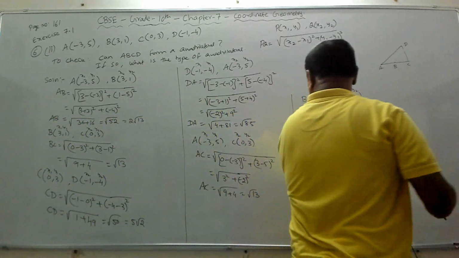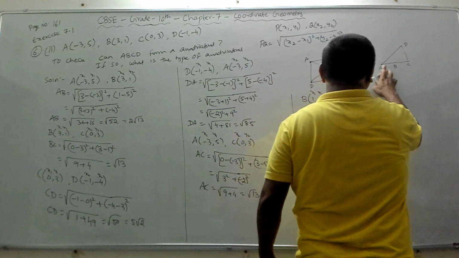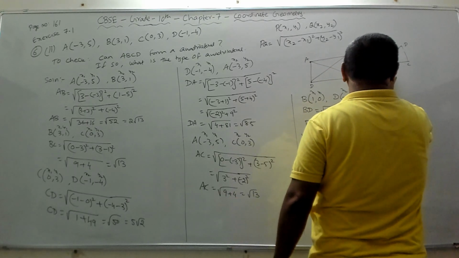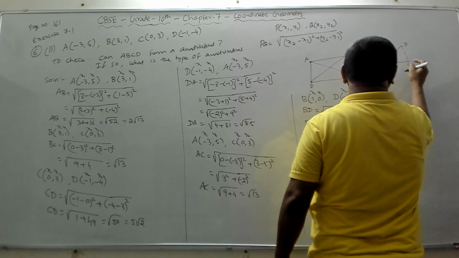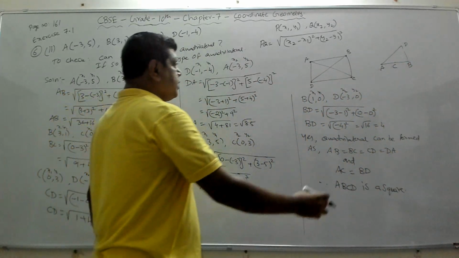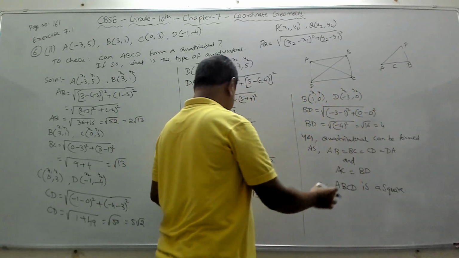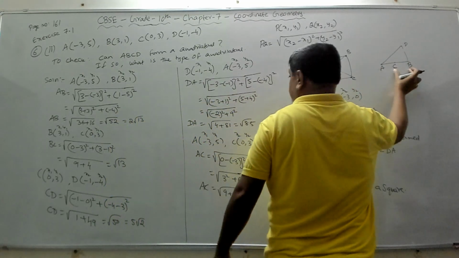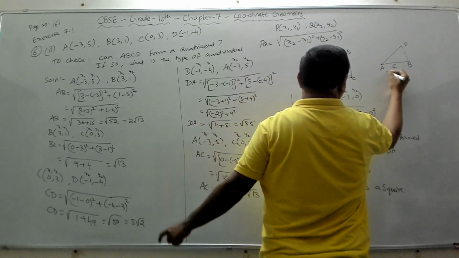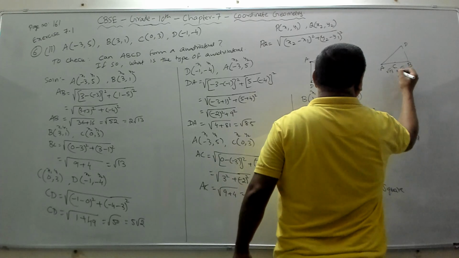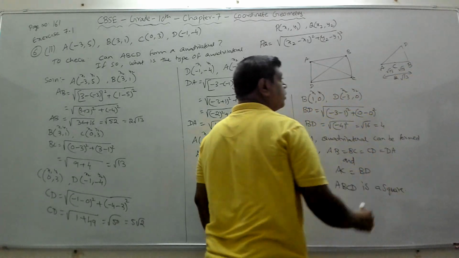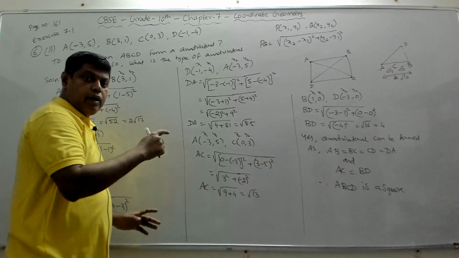So if you add AC, which is root 13, and CB, that is also root 13, that gives you AB. So root 13 plus root 13 gives you the total 2 root 13. So which means A, B, C are collinear.